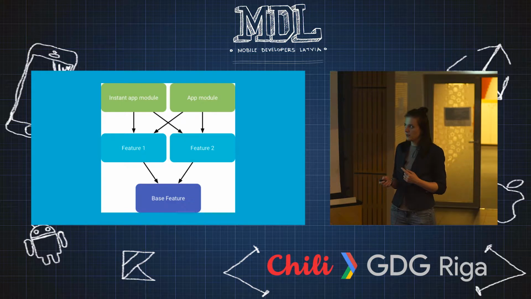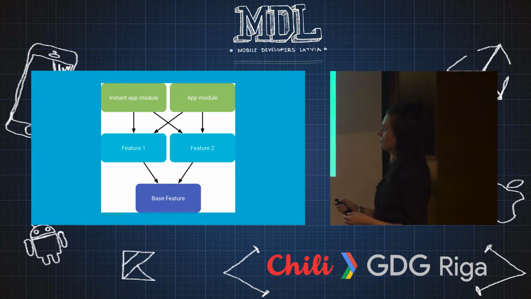Here is probably a more comprehensible diagram of how to understand this. We have the same code base. We have one app module that's for our regular app, and we have one instant module. That's going to differ for the two builds, but an app module is going to have a number of features.